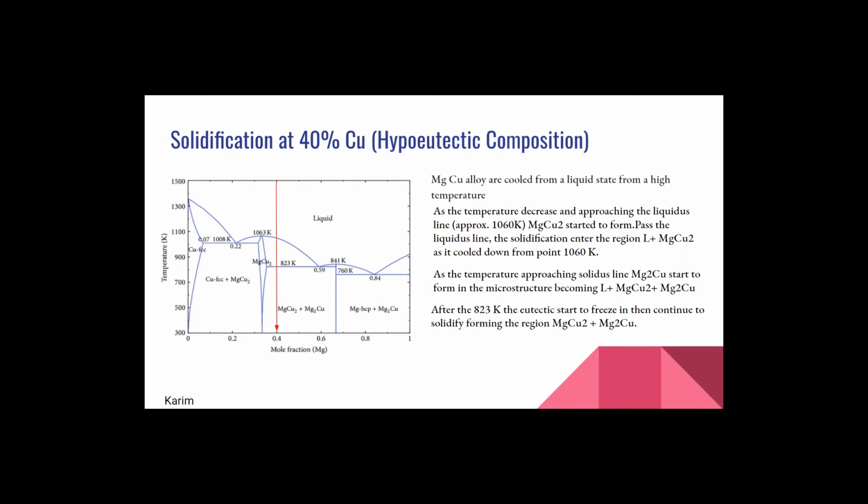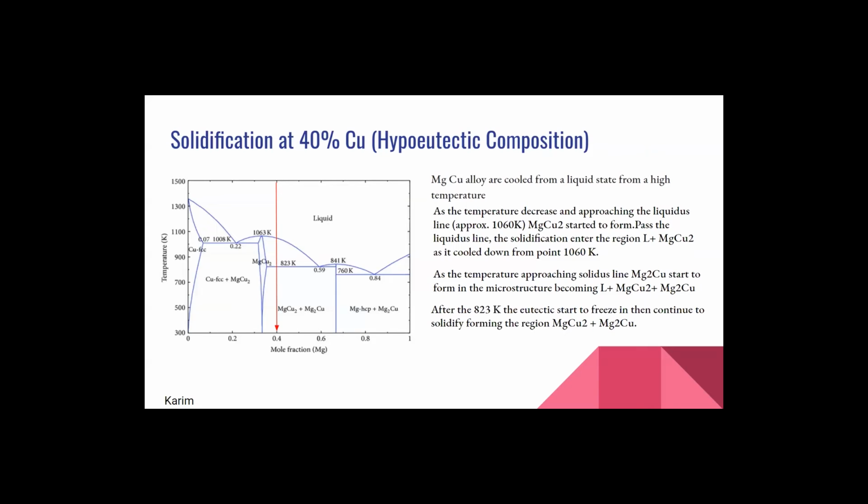Solidification at 40% Cu, hypoeutectic composition. The MgCu alloy is cooled from a liquid state from high temperature. As the temperature decreases and approaches the liquidus line, approximately at 1060 Kelvin, MgCu2 started to form. Passing the liquidus line, the solidification entered the region of liquid plus MgCu2 as it cooled down from 1060 Kelvin.